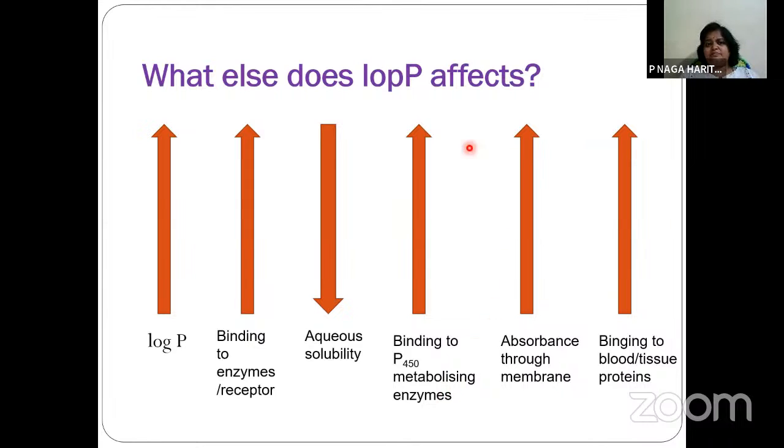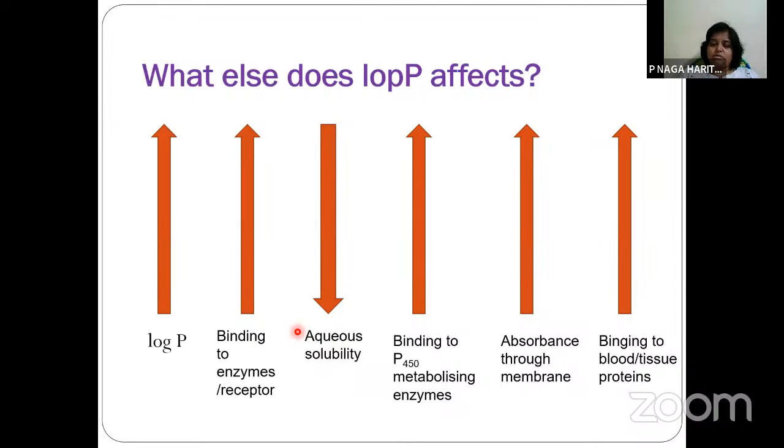So what are the various factors that are affected by log P? If there is an increase in log P, there will be an increase in the binding to receptors, an increase in the binding to P450 enzyme, an increase in absorption through the membrane, and an increase in the binding of drug to blood or tissue proteins. Only one parameter decreases with an increase in log P, and that is the aqueous solubility.